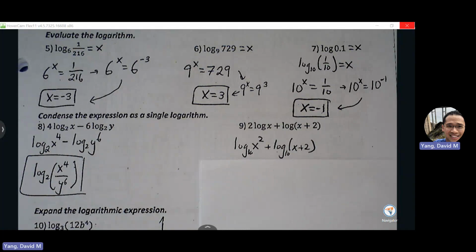Okay, number 9, bring the coefficient up as an exponent, and then you see a plus between two logs. You can go through product property there.